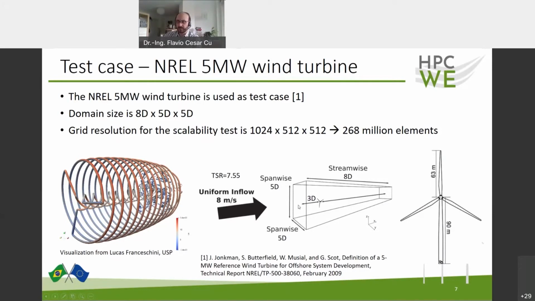And the wind turbine is placed 3 diameters from the inflow condition. The grid resolution is what for us is the medium resolution: 1024 in stream-wise and 512 elements in the span-wise directions, summing up to 268 million elements.